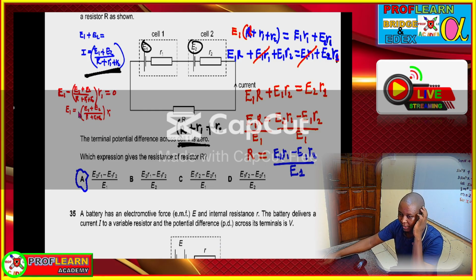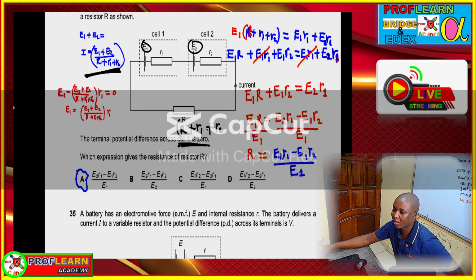We can take this equation to the other side so we have a cleaner equation. If we multiply all through by the denominator, we are going to have E1 times (R plus R1 plus R2), and opening the bracket we shall also have E1 R1 and E2 R1.